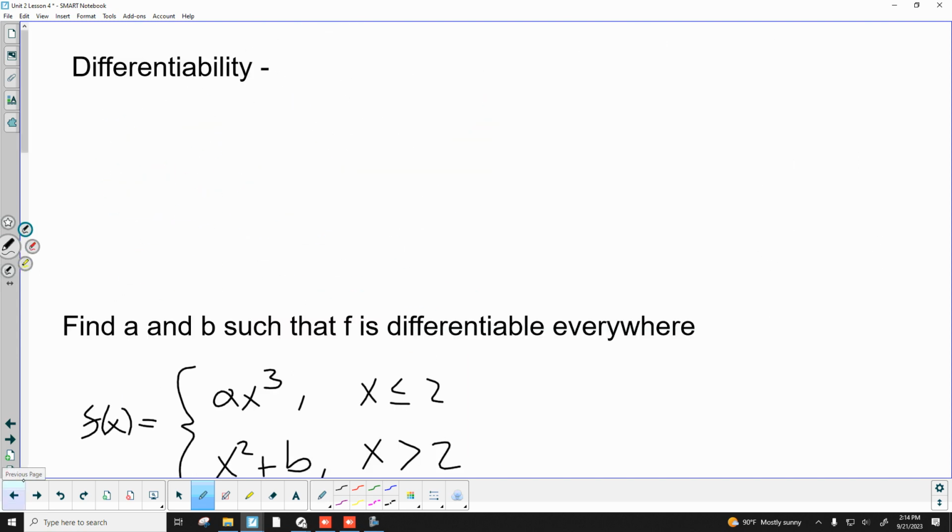More interesting derivative problems. Differentiability. Being differentiable means having a tangent slope.